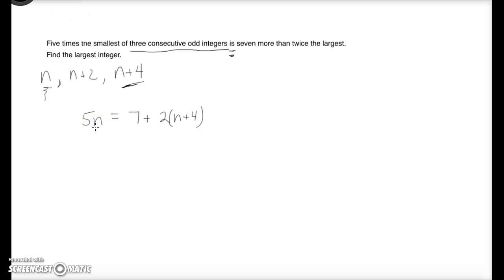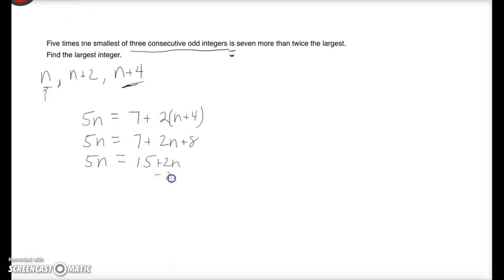First thing we'll do is simplify the right-hand side with the distributive property. So we're going to get 7 plus 2n plus 8. And now I'll continue to simplify over here, so I get 15 plus 2n, and that's still equal to 5n. Now I can subtract 2n from both sides.